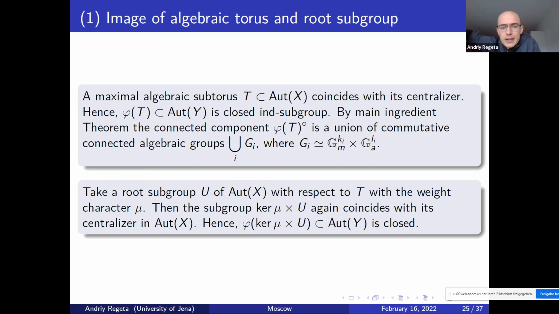This group again acts with an open orbit on X. And by the lemma we had before, this coincides with its centralizer. So this means that the image of ker mu times U is closed because it coincides with its centralizer.